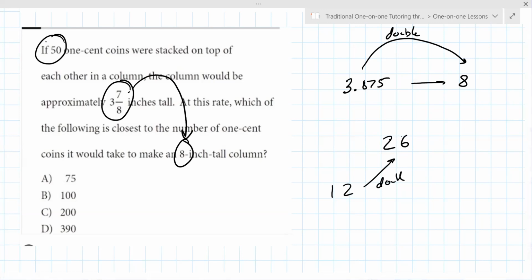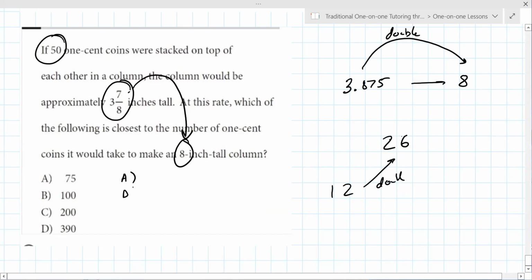Now, notice all the other numbers are really weird, like 200 and 390, they're really far away. I mean, if the answers were, let's make better answers here. Let's say the answers were 90, 100. Wow, that's really bad. 100, 110, and 120.